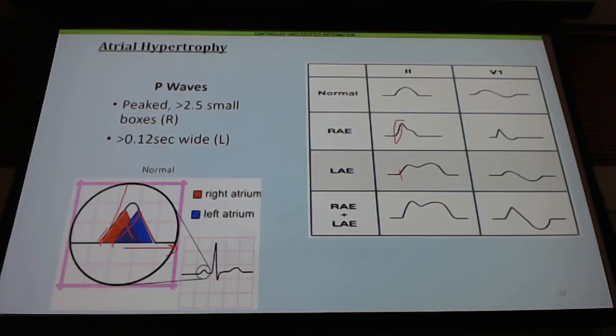And you can see with left atrial enlargement, now I get that prolonging of the P wave. And it almost looks like there's two little dips to it. Because you're going to get that increase to the right atria depolarizing. And then there's that delay or that prolonging of that left atrial depolarizing event. And it's just going to drag it out, and you're going to get another little peak to it.